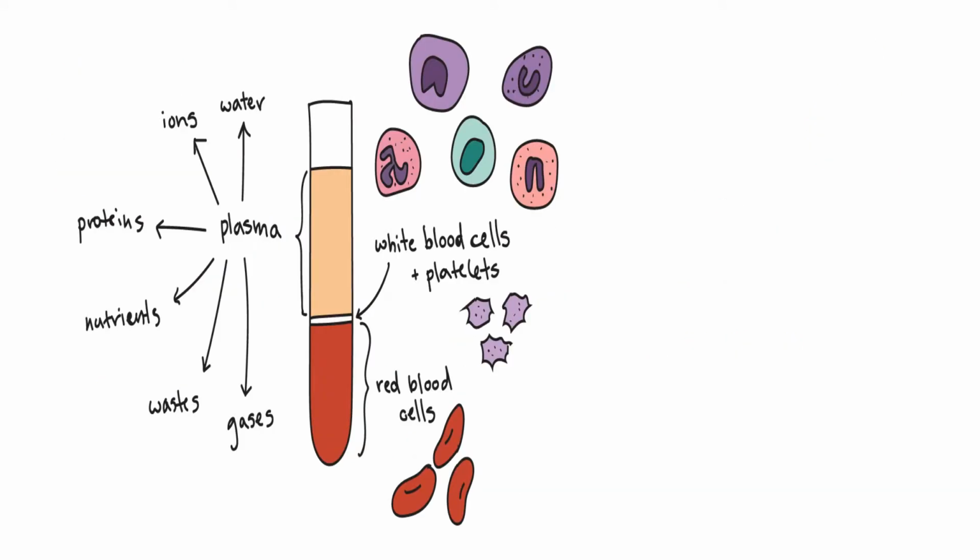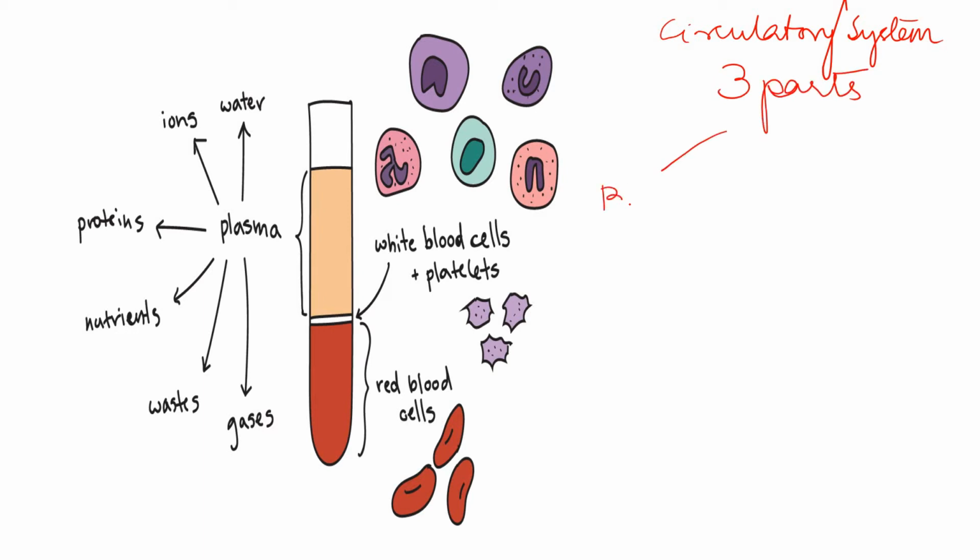What's there now? See, the circulatory system consists of three parts. All right, number one is blood, खून, right? Next is the blood vessels.